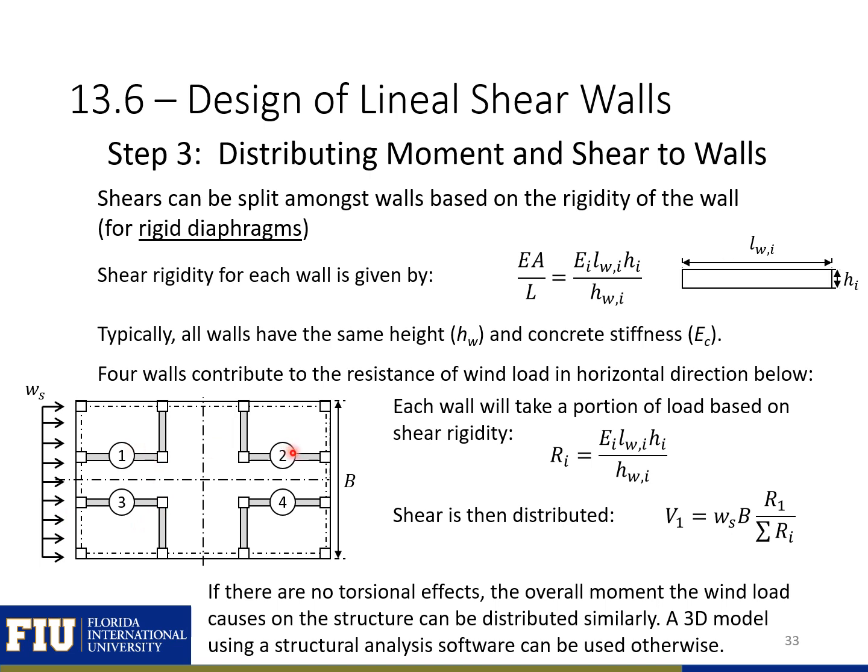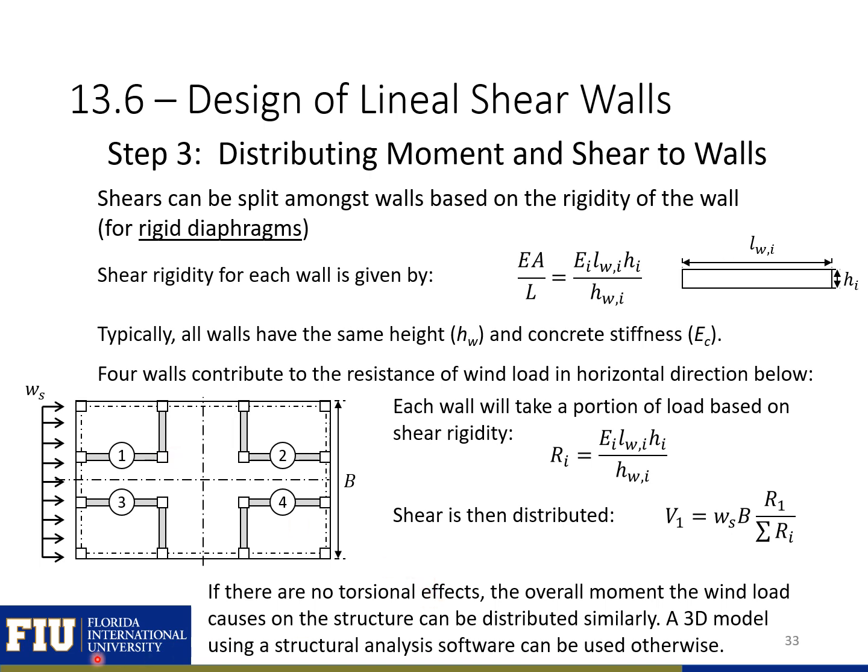And each of these walls is going to take a portion of the load based on the shear rigidity, R. We can determine the shear by taking the total shear, our WS times the width of the structure, B, and then take that times the rigidity of our wall 1 divided by the total rigidity of all of our walls, or the summation of our R sub i's. So this is how we would determine the shear that goes into our wall number 1.